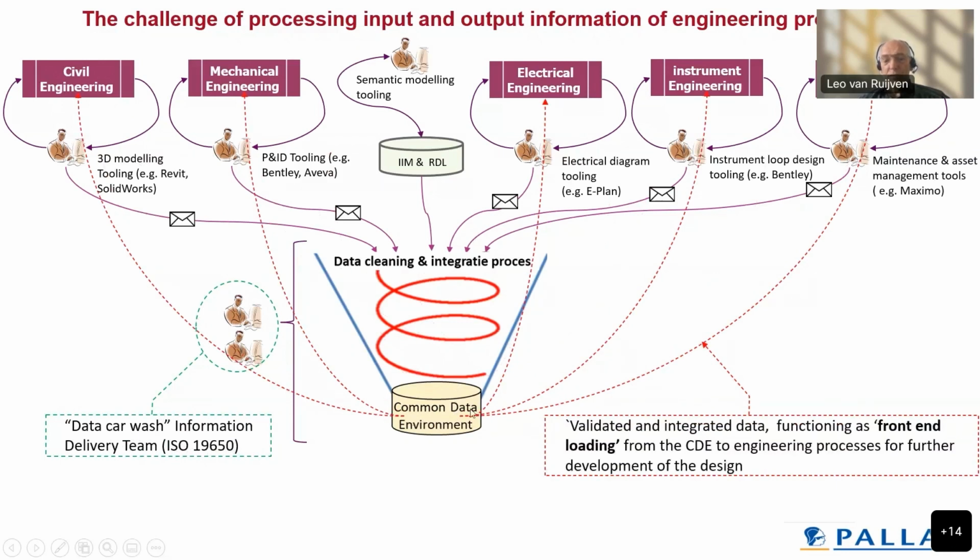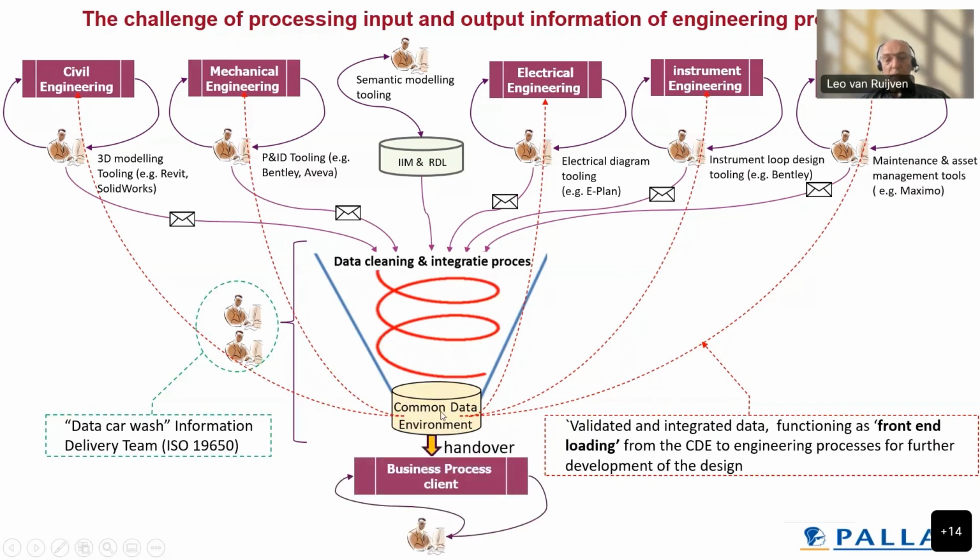This ends up in data that really represents the engineering, which can be fed back to the engineering disciplines as a base for further development of the design, based on a common representation of the whole design. At the end it can be handed over to the client as one really consistent and harmonized representation of the whole facility. That will also be the start of the asset management phase and the operational phase of the facility.